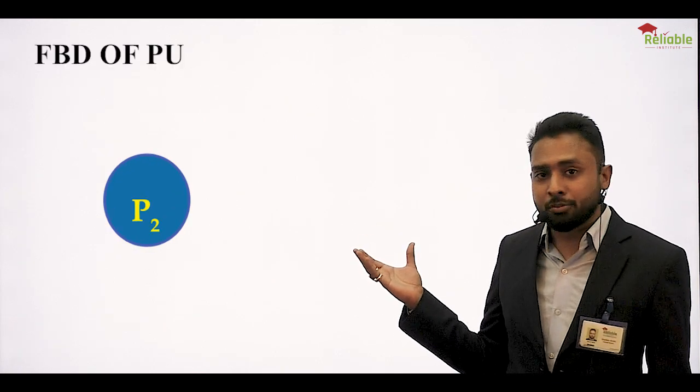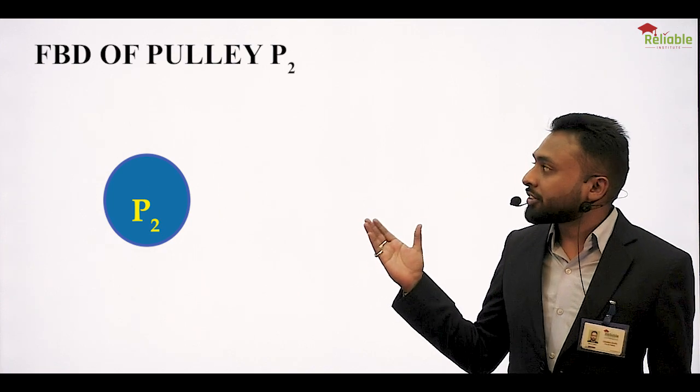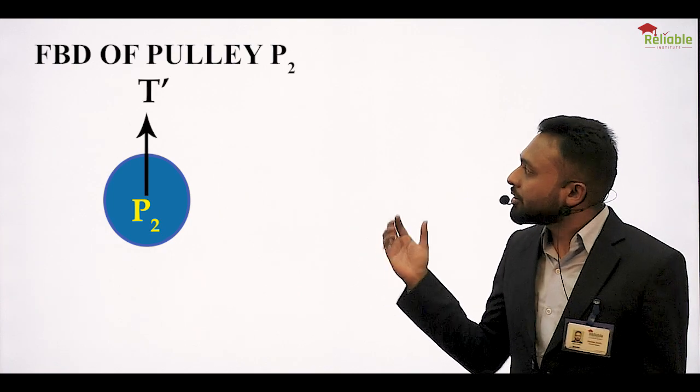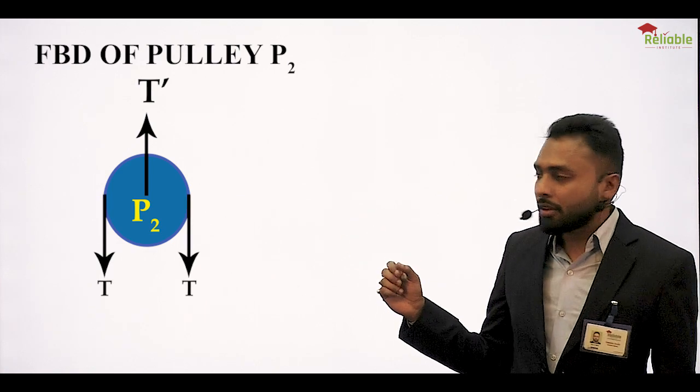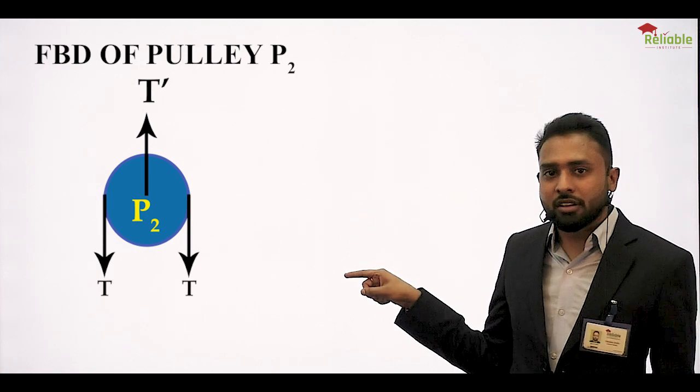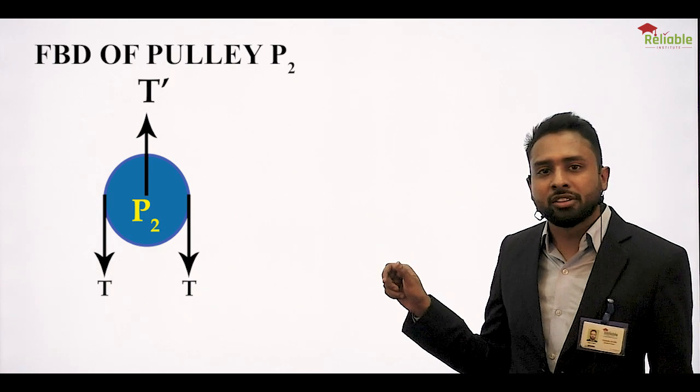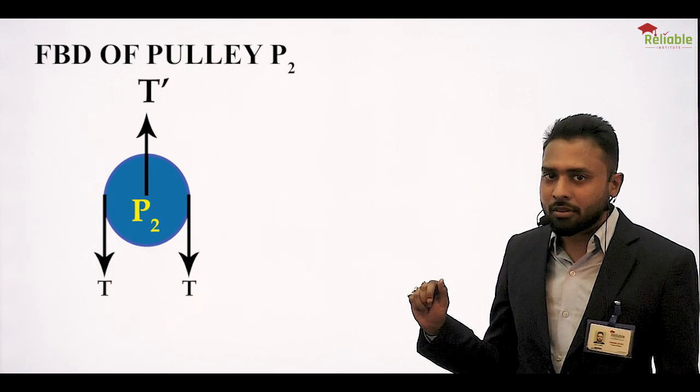Now, coming to the pulley P2, which is a movable pulley, in its FBD we will find a tension T dash in the upward direction and two tensions in the downward direction. Since it is a single string, both tensions in the downward direction are equal in magnitude.